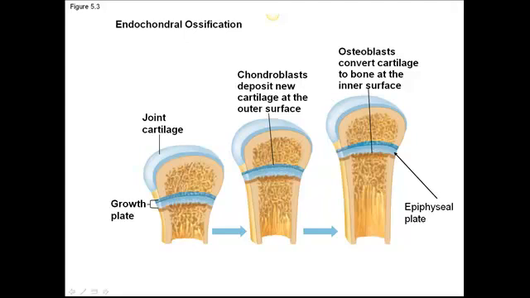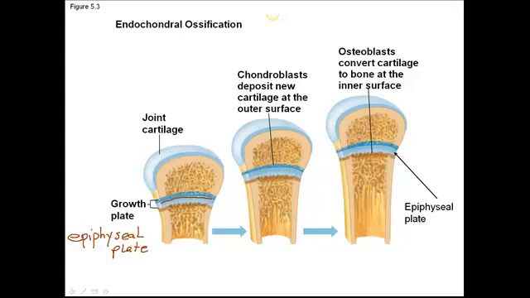So at the growth plate here, this is also the epiphyseal plate. Let me spell that for you. Epiphyseal plate. And when an adult gets an x-ray, you can see a little density here.